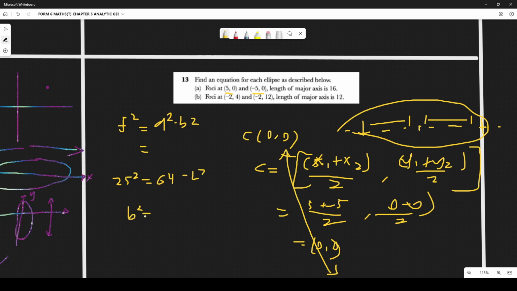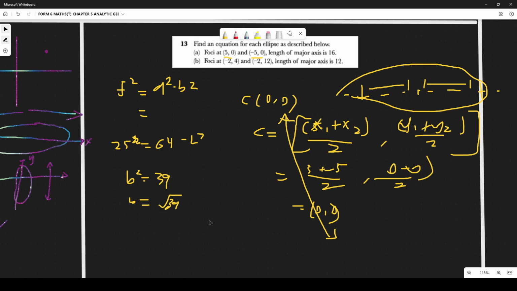So b squared equals 64 minus 39. Oh yeah, 39. So b equals something around 5 point something, but I think we just use square root 39. There's no perfect number. It's square root 39. That should be okay.